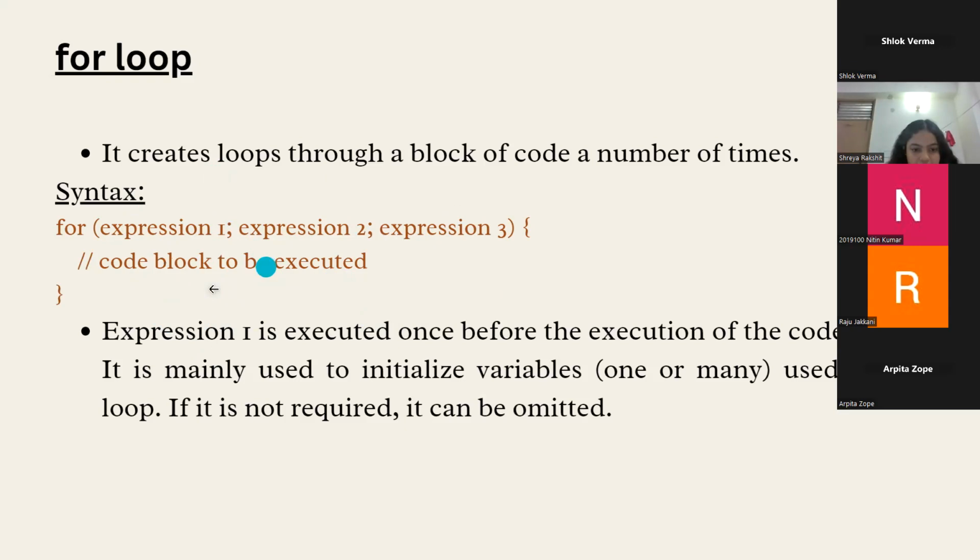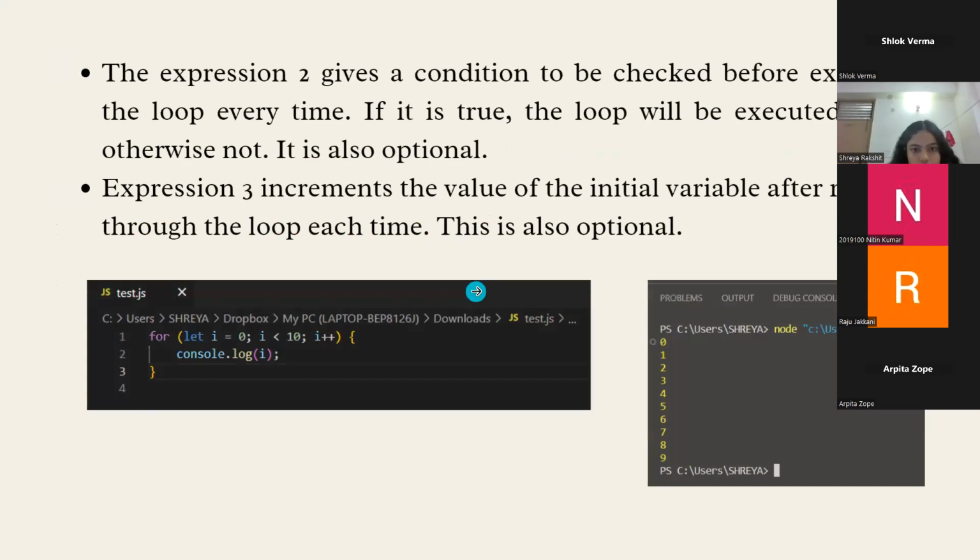Expression 2 is a condition. If this returns a true value, then it will keep running, and if this returns a false value, then the for loop will stop. The third one is expression 3. Expression 3 is used to increment the value of the initial variable after running through the loop each time. This is also optional.